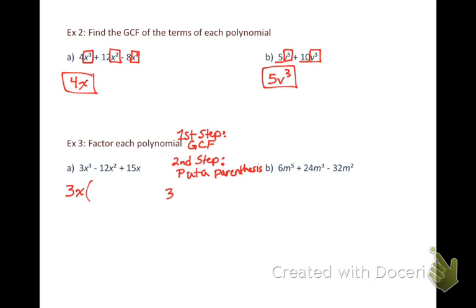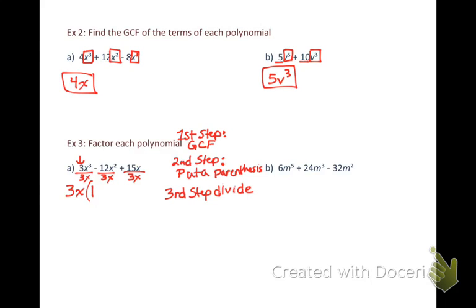Step 3, third step: divide. I'm going to do this right underneath it so you can see how I'm dividing. First of all, we're starting with this one. 3 divided by 3 is 1.